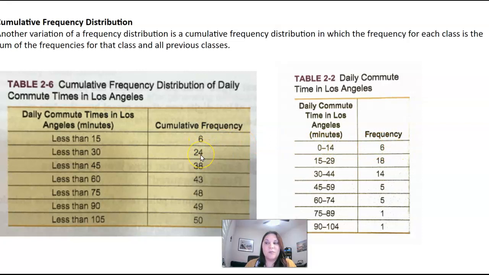But the reason why the cumulative frequency has a 24 is by adding the 6 people in the first class to the 18 people in the second class. So that's where this 24 came from. And it is true that all 24 of these people had a commute time that is less than 30, right? All of the people in this table had a commute time less than 105.